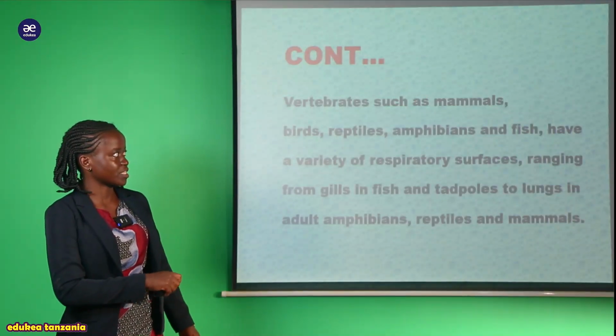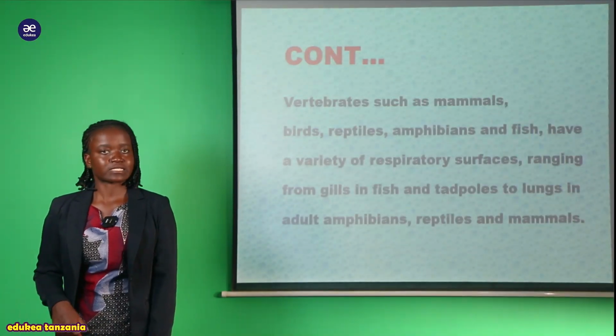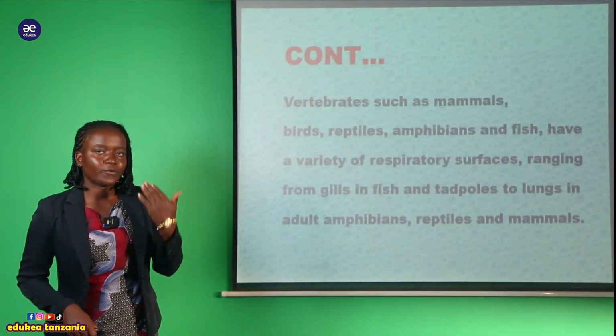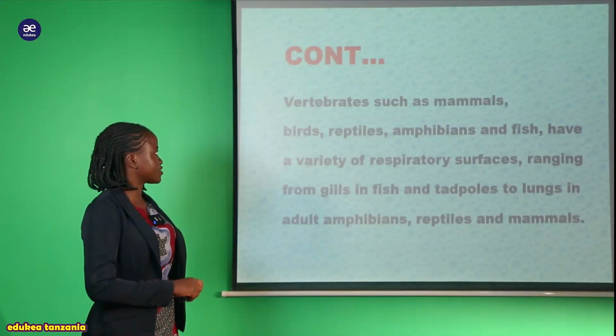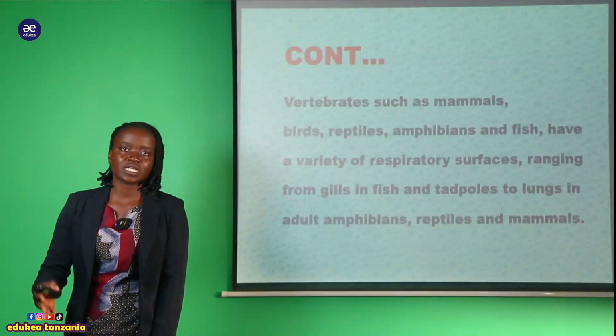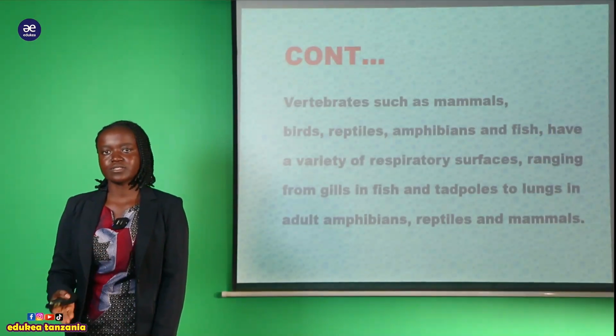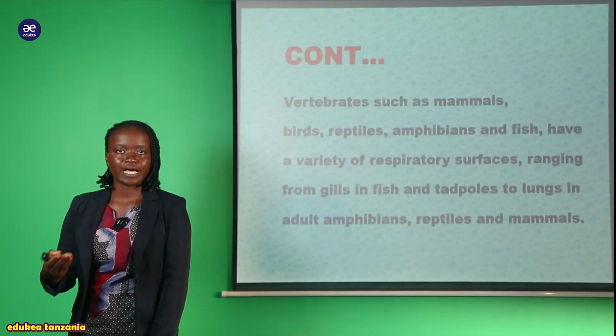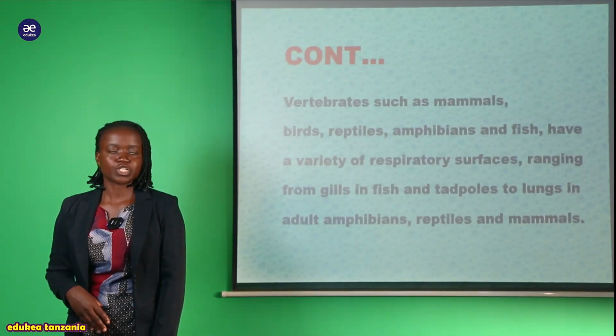All of those range in this class, that is mammals. Another vertebrate group is the birds. Also birds use oxygen and carbon dioxide. You're going to see how the carbon dioxide and oxygen are removed and enter into the body tissue.